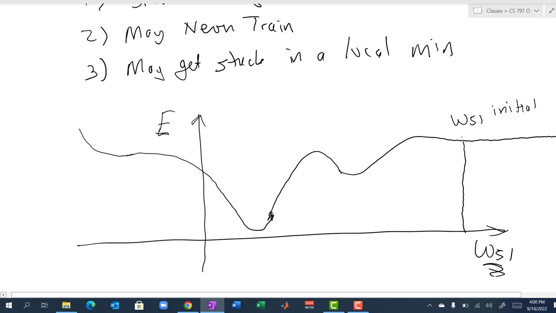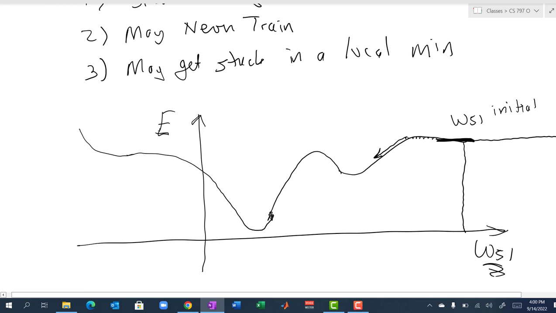If we calculate the gradient, it looks pretty flat. Let's assume that it's flat. And since the derivative of E with respect to W51 is pretty close to 0, it could train really slowly until maybe we march over to this point where then we start going downhill.